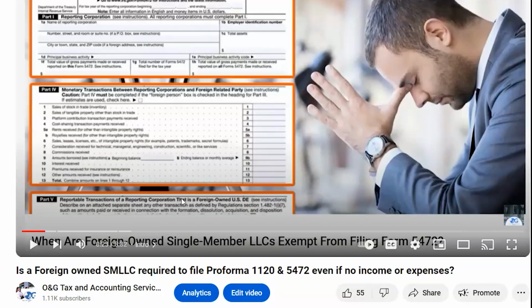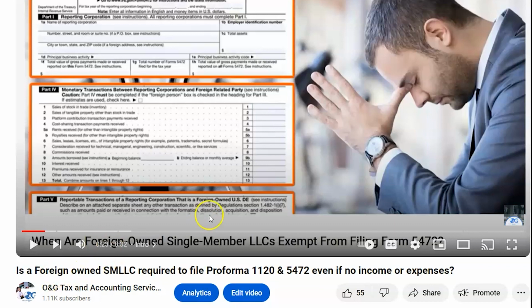Just because the money did not come to you directly does not mean it's not a distribution, because you used the money in a personal fashion. The only difference is that you did not distribute the money to your bank account personally before making that transaction. If you use the LLC's money directly to finance your personal activities, that's a distribution. Okay, so that's some of the discussion we made on this post.